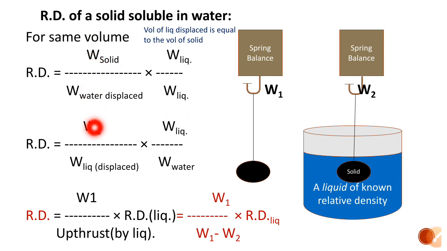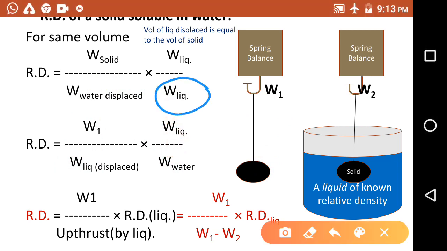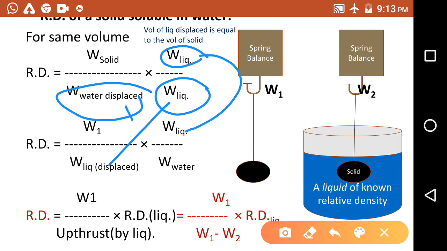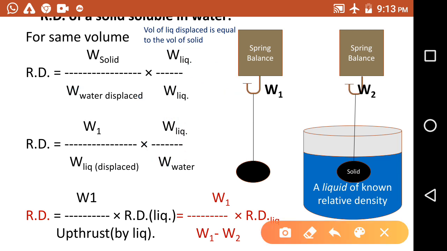Here W1 is the weight of the solid, as it is weighed here, and this is the weight of the liquid displaced. Now we have the weight of the liquid divided by the weight of the water.